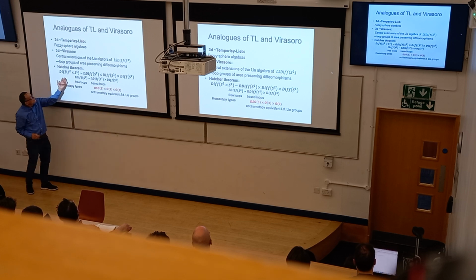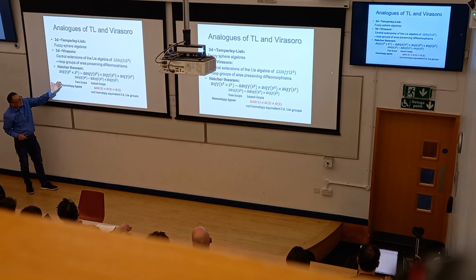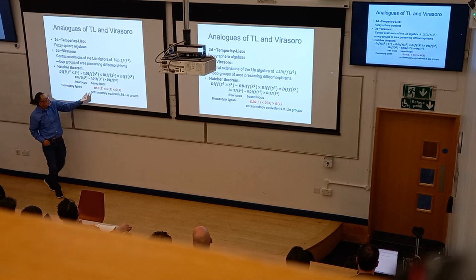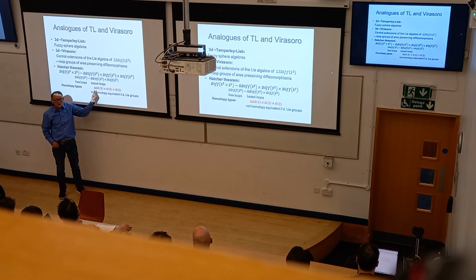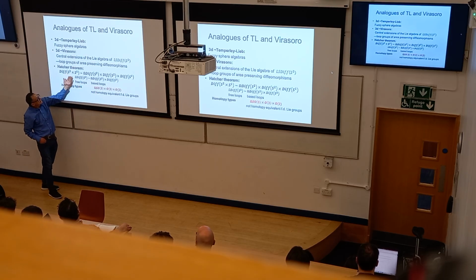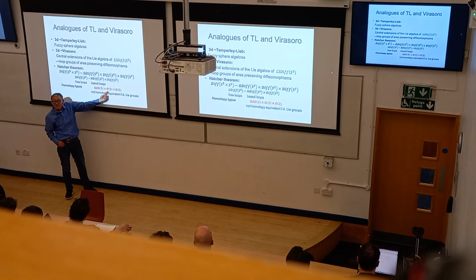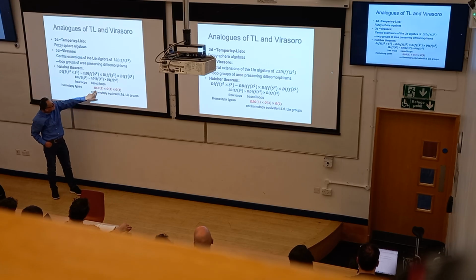This relies on a theorem due to Hatcher, which says the diffeomorphism group of S2 plus S1 is homotopically equivalent to those three things. So the homotopy type of Diff of S1 to the 2 is the Diff of S1, which is homotopic to O2, times O3, which is just the 3-sphere, and then the loop group of SO3.